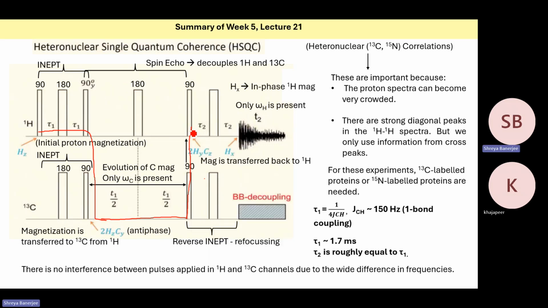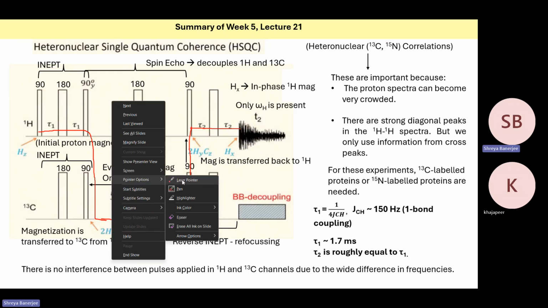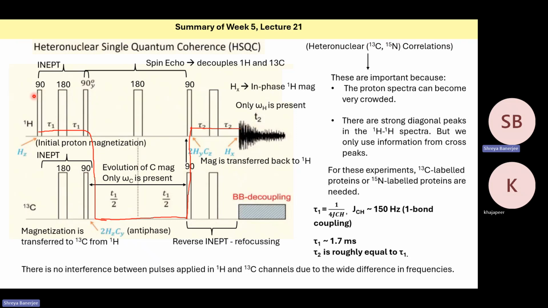Finally, after another time delay, this is the INEPT sequence backwards, if you think about it. In INEPT, if you go backwards, there are two 90-degree pulses on both 1H and 13C. Here also there are two 90-degree pulses on 1H and 13C. Then there are time delays of tau, then 180. Here it's labeled as tau 2, then 180. So it is the INEPT sequence in the reverse order.